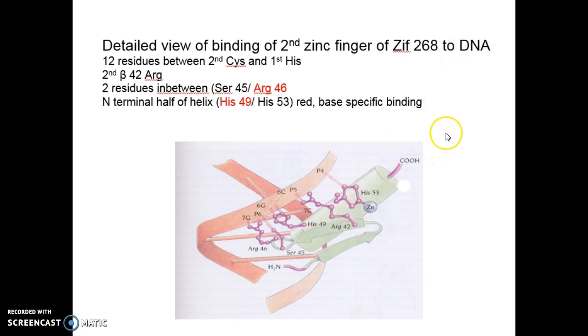The 12 residues between the second cysteine zinc ligand and the first histidine ligand of the classic zinc finger motif form the finger region. Structurally, this is the second beta strand plus 2 residues between the second beta and the alpha helix, plus half of the alpha helix.